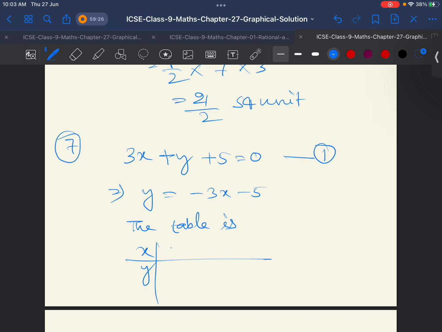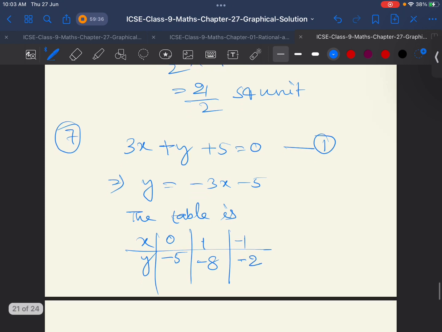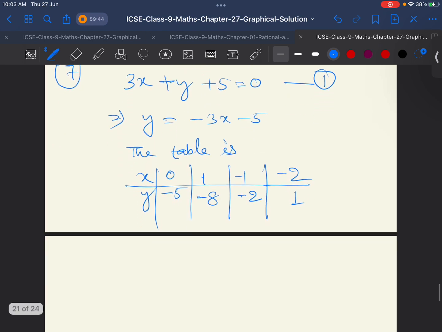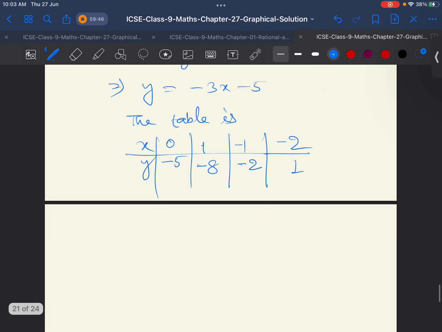So now we put x value 0, y is minus 5; x is 1, y is minus 8; x is minus 1, y is minus 2. Okay, if we put x as minus 2, y is 1.